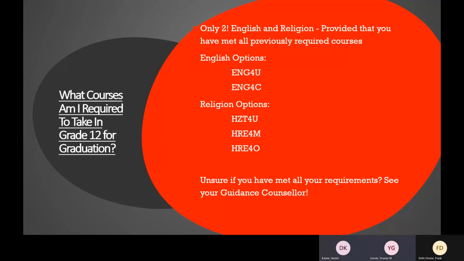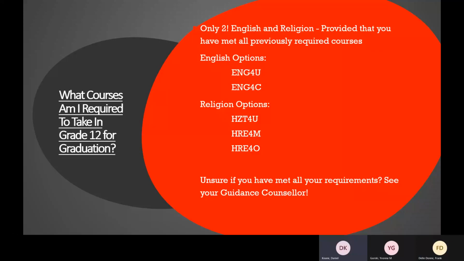The religion options include HZT4U, which is the philosophy course. It is a university level credit. The other 2, HRE4M and HRE4O, are called Church and Culture. Focus on issues related to morality and social justice.